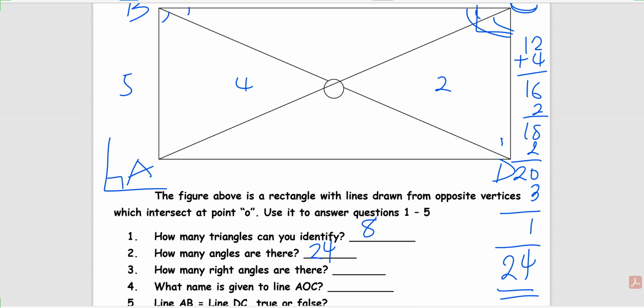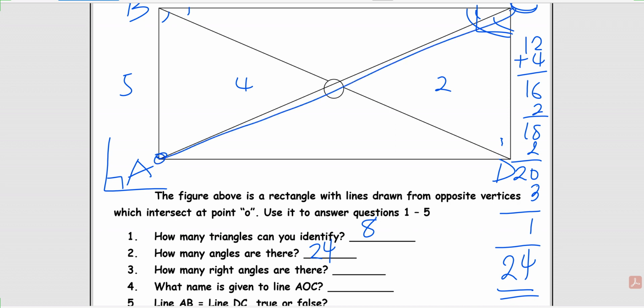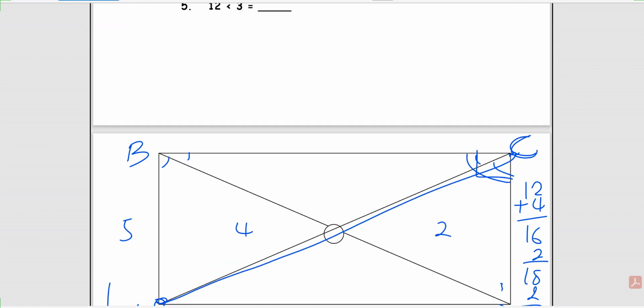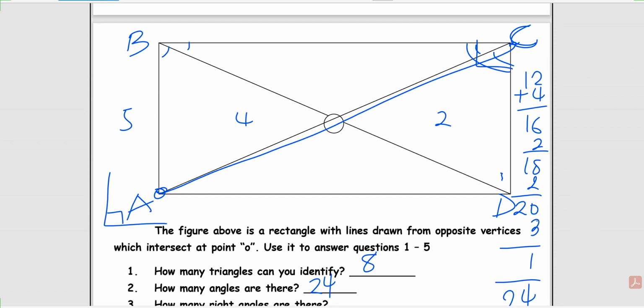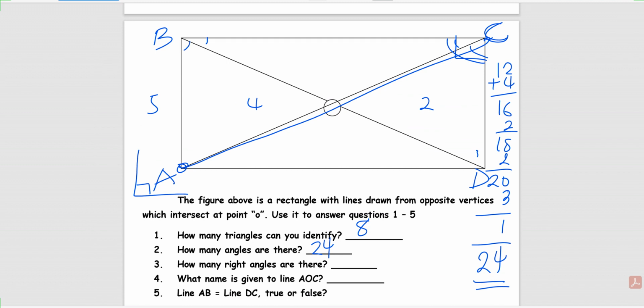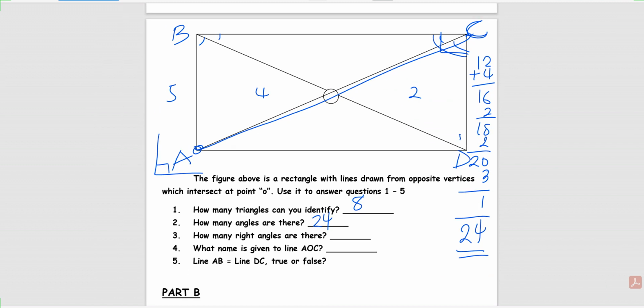Line A down to C is a straight line, and it is called a diagonal line. It's cutting it diagonally. So it's called a diagonal line.